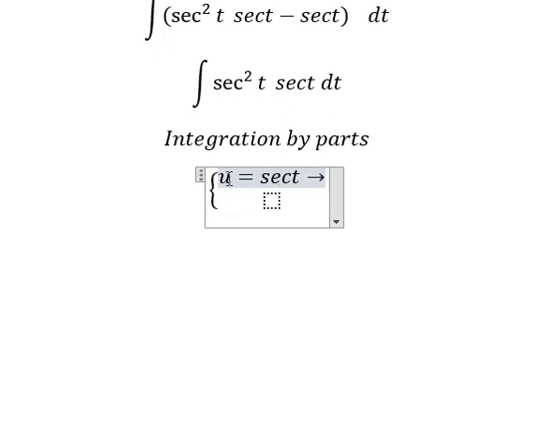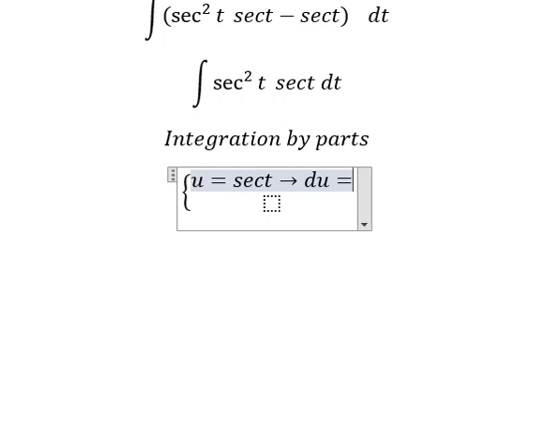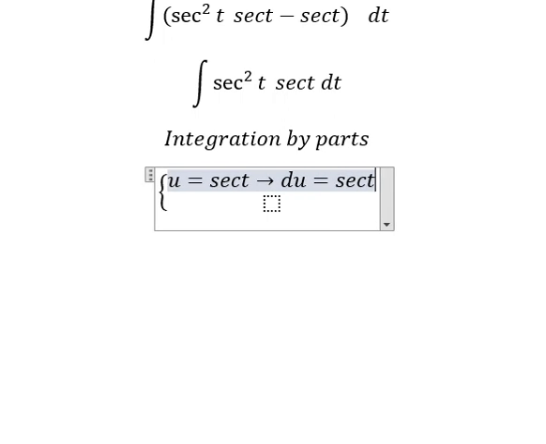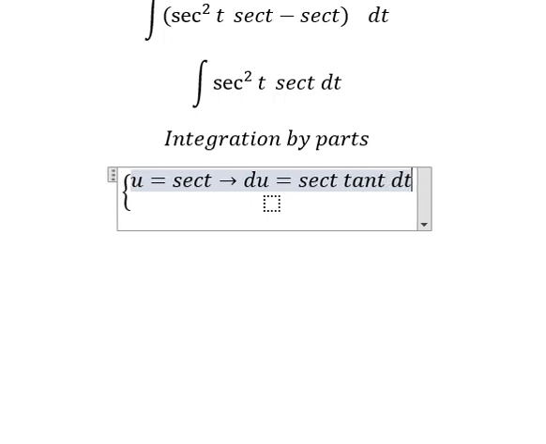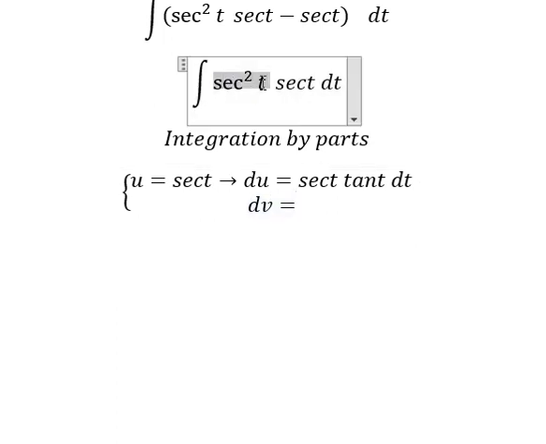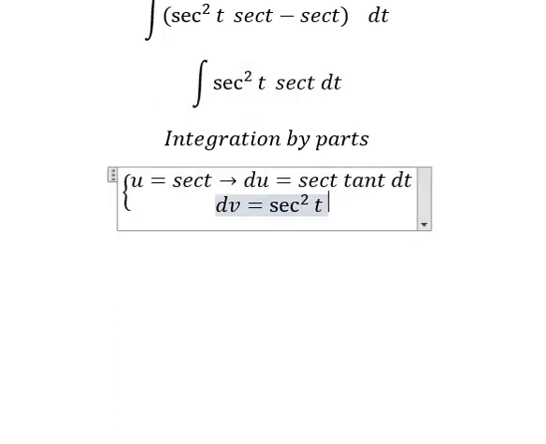Later we need to first take the derivative of both sides, and we have secant of t tan t dt. dv is secant of t square dt. The integration of this one is v equals tan t.